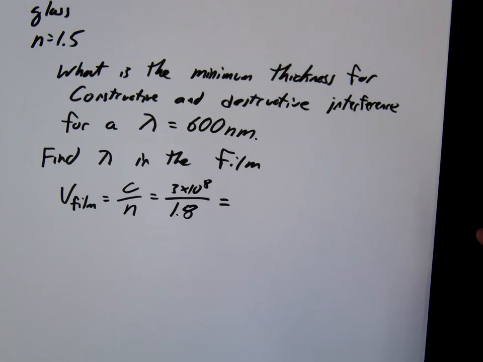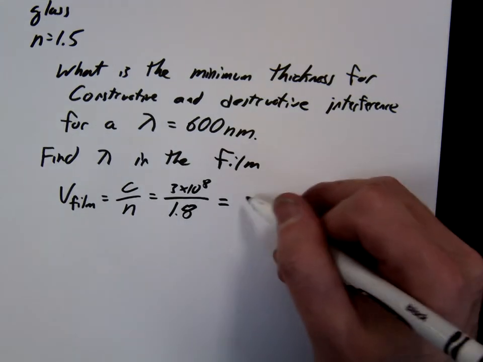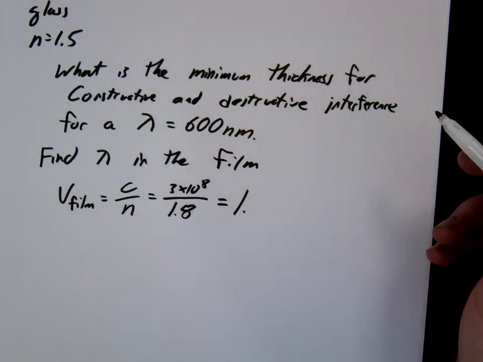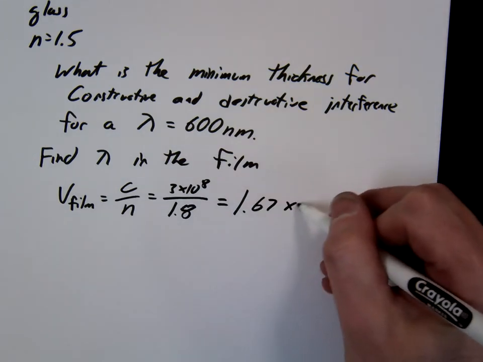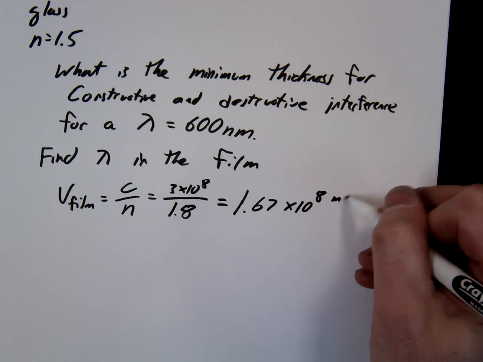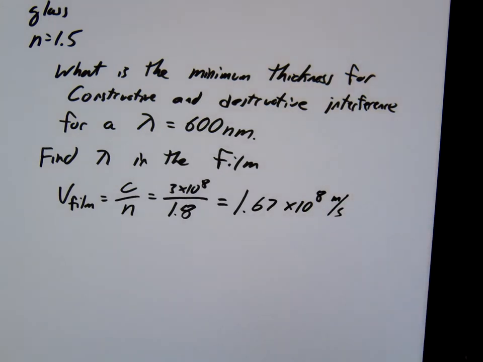Okay, help me out here. I know it's 1 point something. Okay, great. So we found the velocity in the film. Then ultimately we want to know the wavelength in the film.